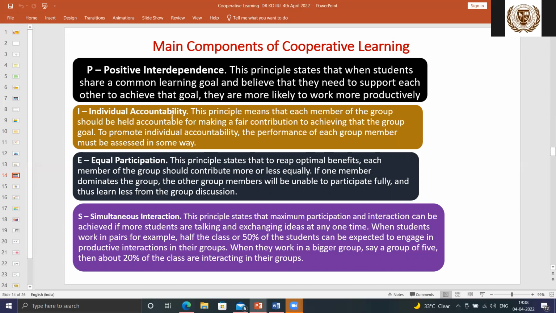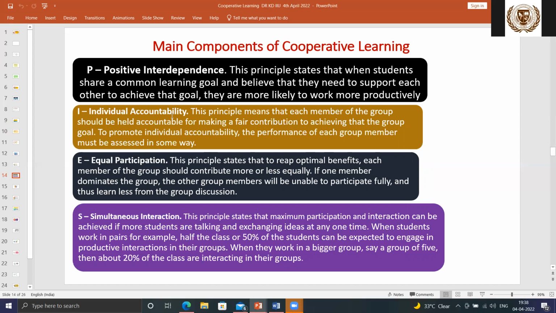If we talk about positive interdependence, what is this? This principle states that when students share a common learning goal and believe that they need to support each other to achieve that goal, they are more likely to work more productively.